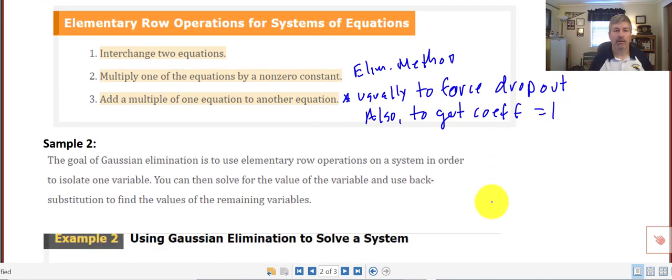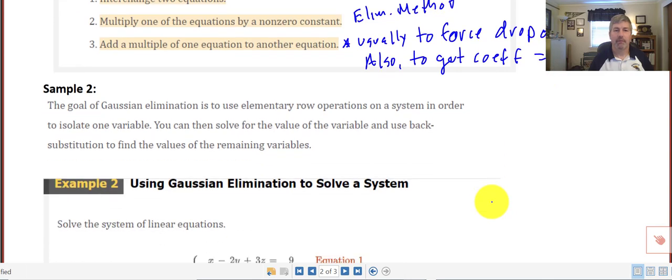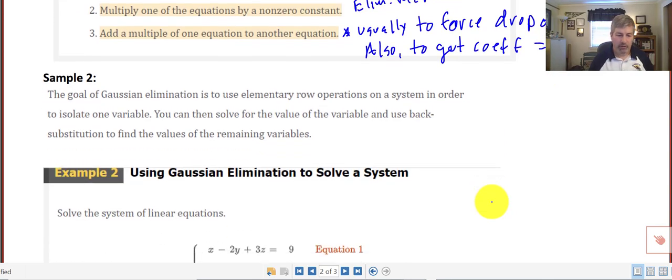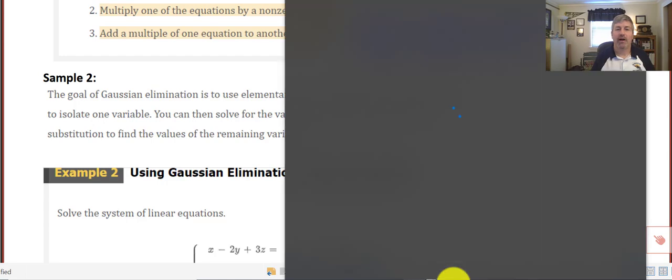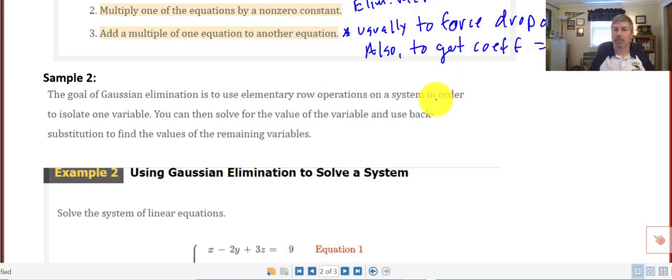And we'll see that here in our sample. So the goal of Gaussian elimination is to use elementary row operations on a system in order to isolate one variable. You can then solve for the value of that variable and use back substitution to find the values of the remaining variables.